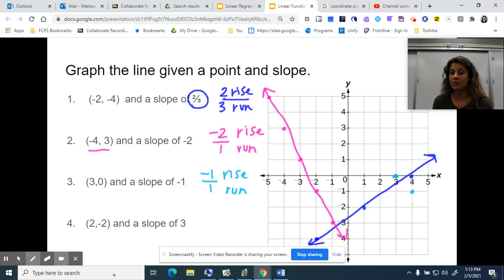I could continue down 1 and right 1, or I could put that negative sign with the denominator, so it'd be +1 over -1. That means the same. My rise is now positive, but my run is negative. So up +1, left -1. Notice that's still on that same line. So up 1, left 1. Okay, here is my line for that third example.